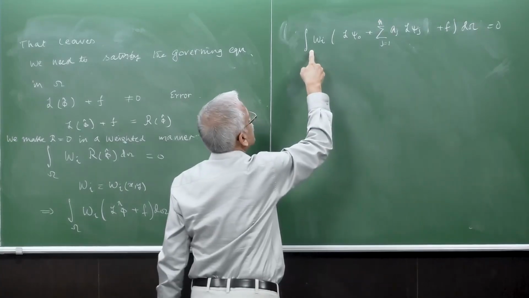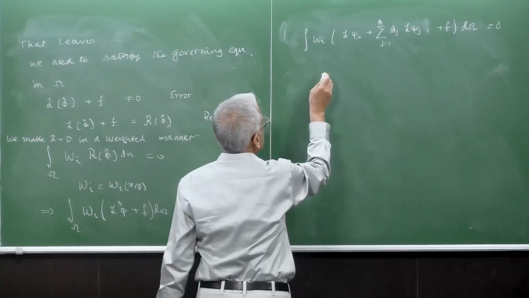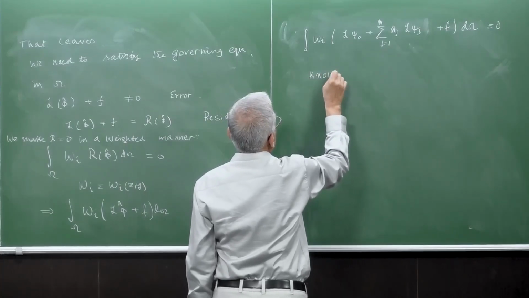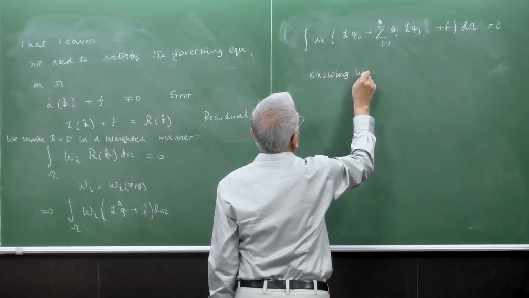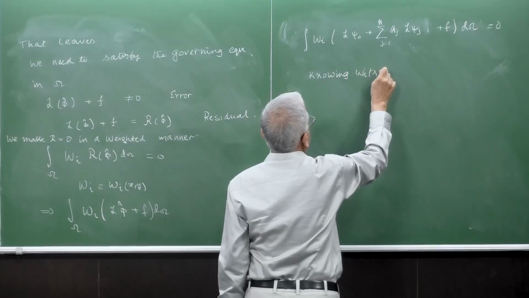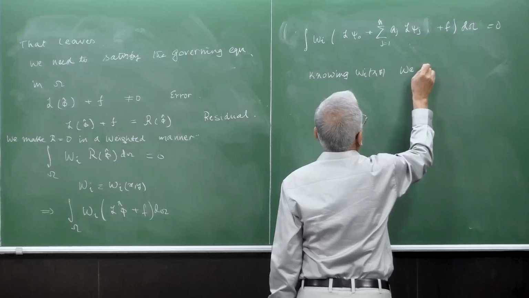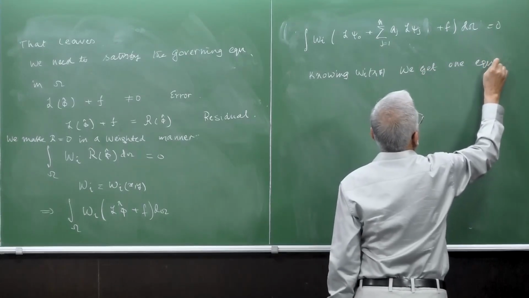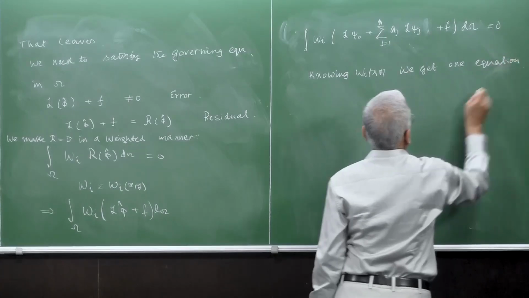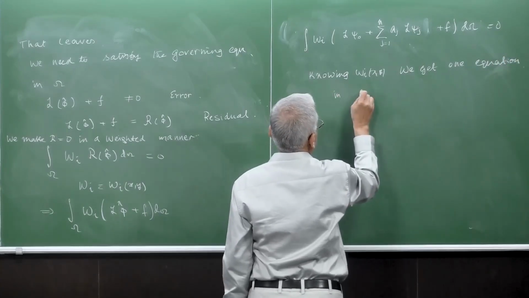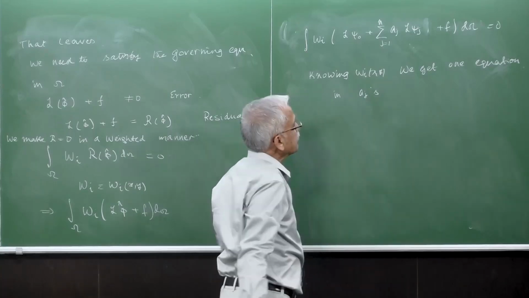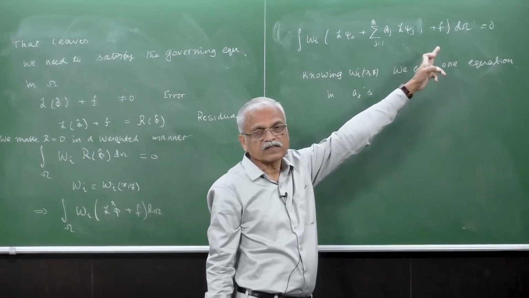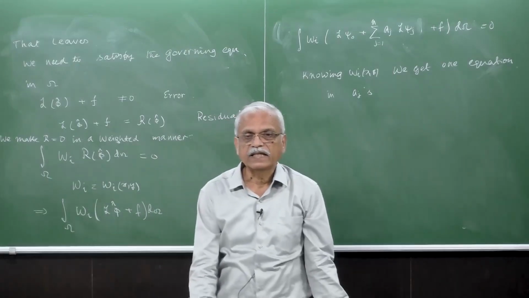Knowing w i, this equation is going to give one equation, a linear equation in the a's. Because a1, a2, a3 are all there, and the rest of the functions are known, we assume that the integration can be done.